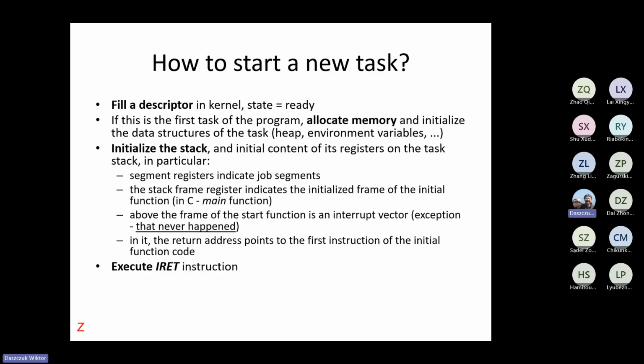How to start a new task? First, we need a descriptor for this task. If the task descriptor table is full, for example, since it can be limited in size, we cannot start a new task.